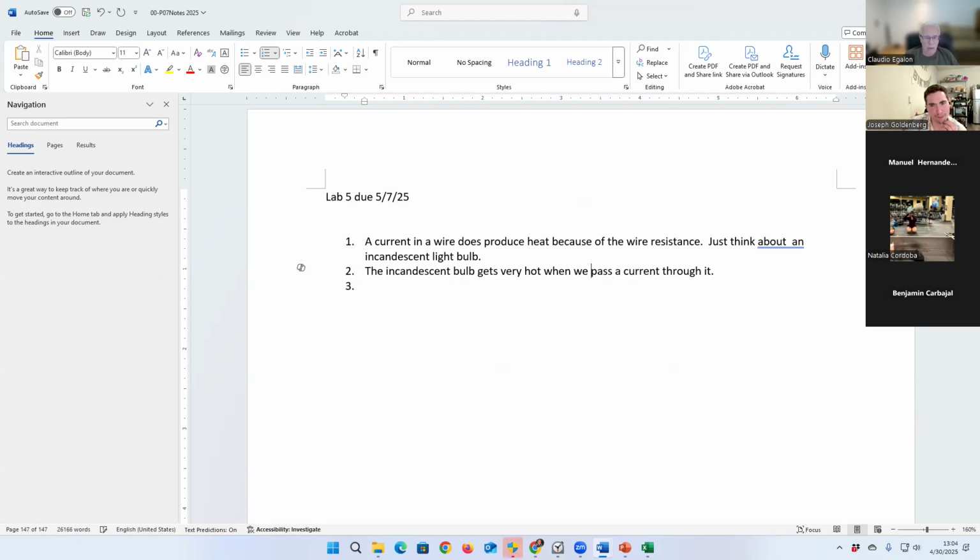If the filament of the bulb were to be exposed to air, the filament would oxidize more readily because of the temperature of the filament.